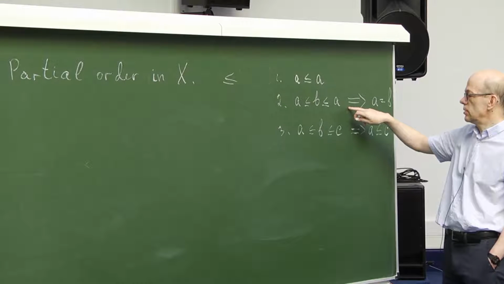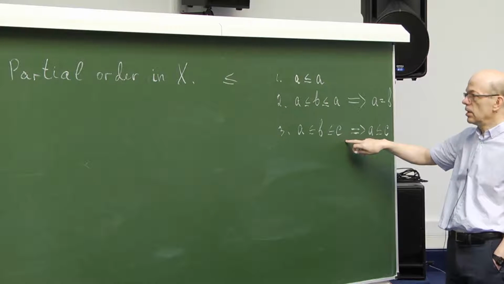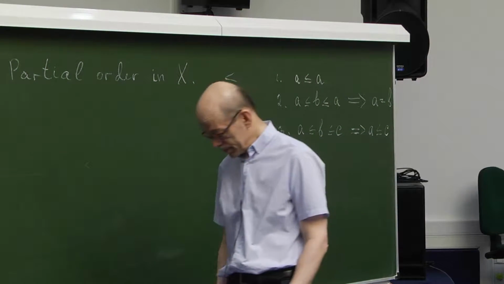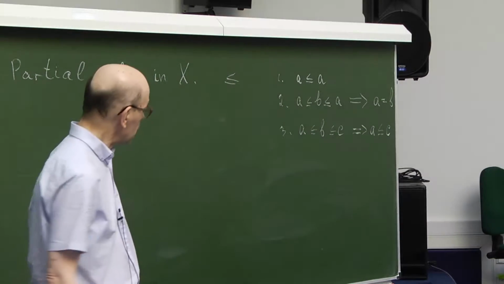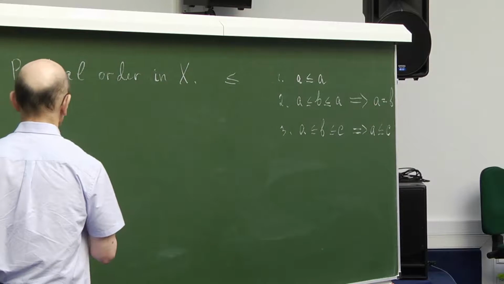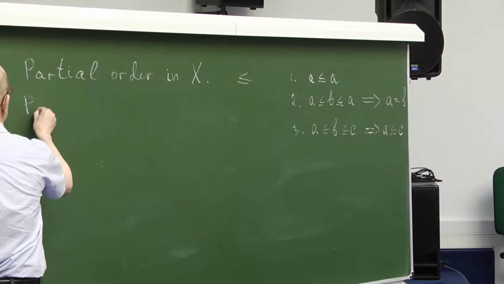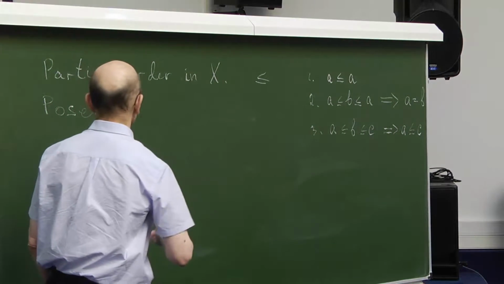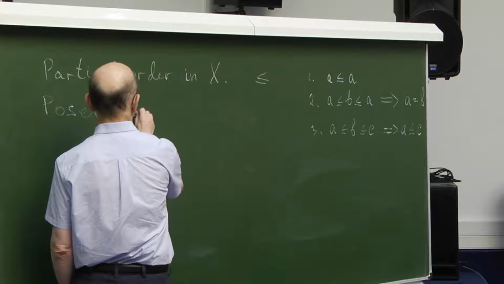This is antisymmetry, and this is transitivity. So that was the notion of partial order. A set having a partial order is called a partially ordered set, which for brevity is called a poset. So a poset is a partially ordered set.